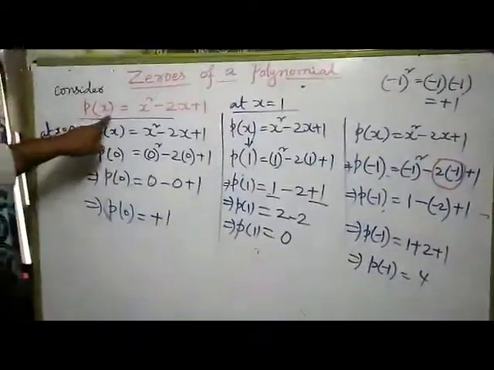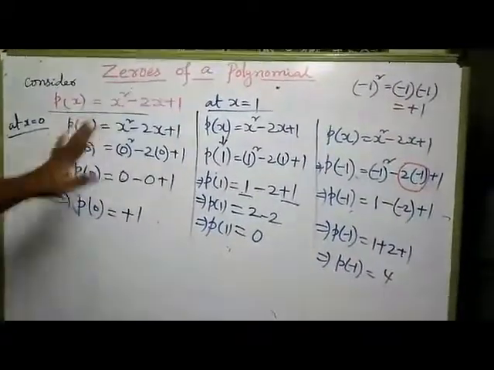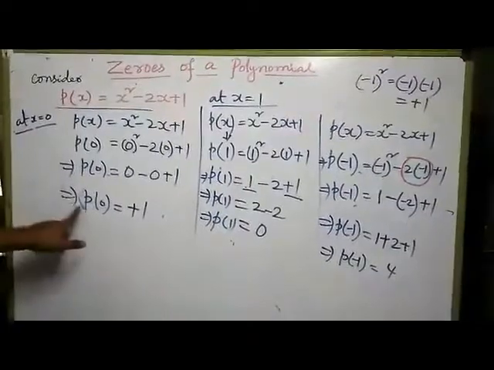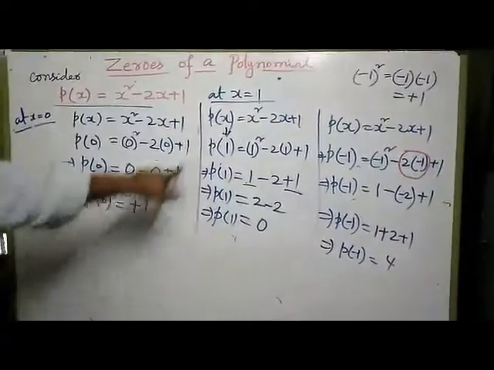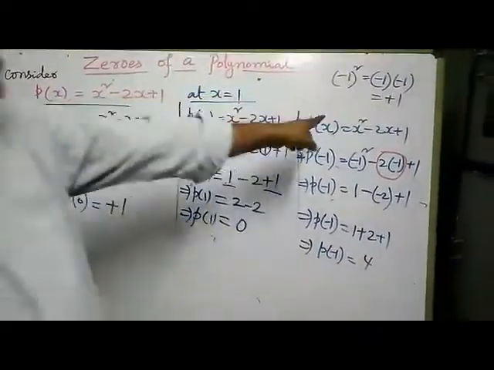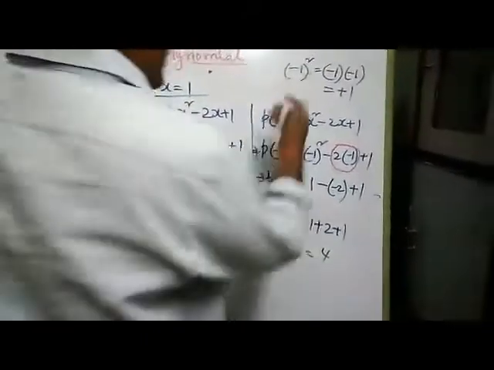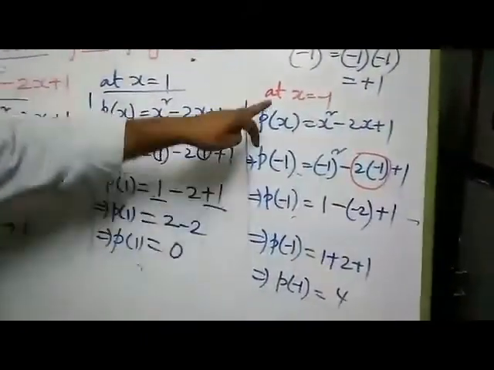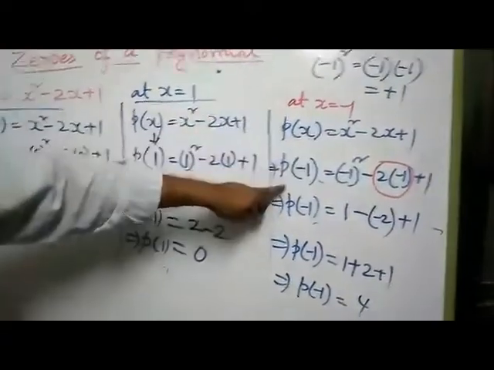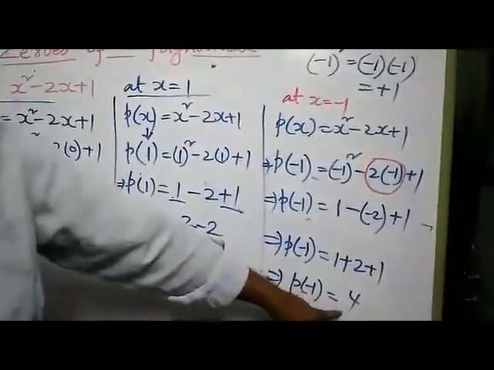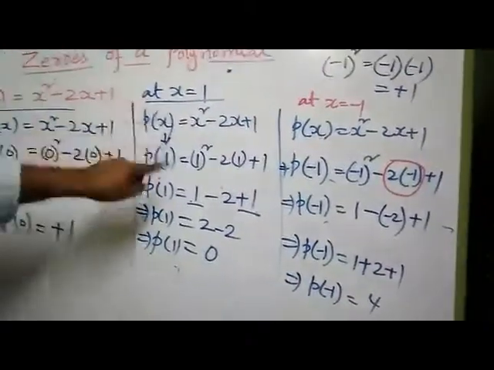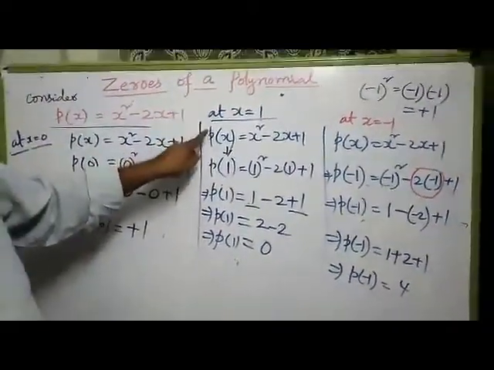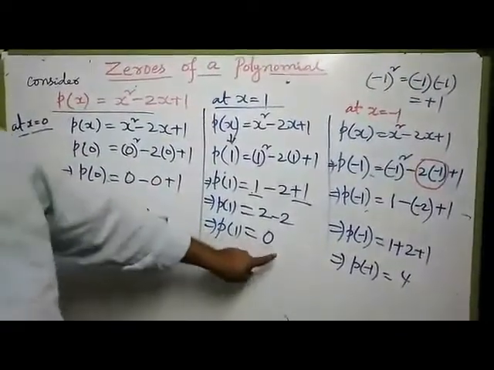Here P of x is equal to x square minus 2x plus 1. The value of the polynomial at x is equal to 0, P of 0 is equal to plus 1. The value of the polynomial at x is equal to minus 1 is equal to 4. Here, this is very special. The value of the polynomial at x is equal to 1, P of 1 is equal to 0.